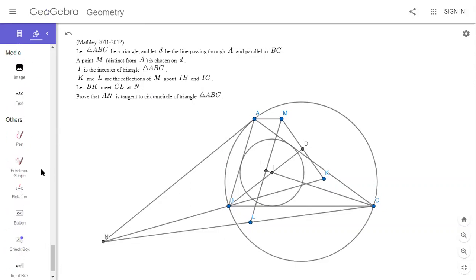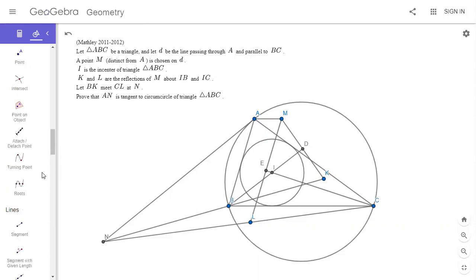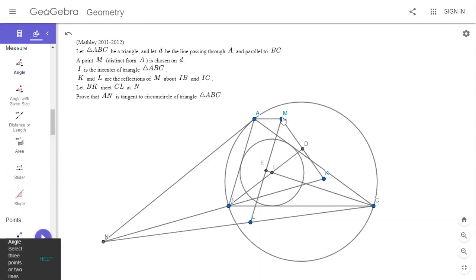Let's see. MCL is 49.4, MBK, no. So we want to show angle NAB is equal to angle ACB.